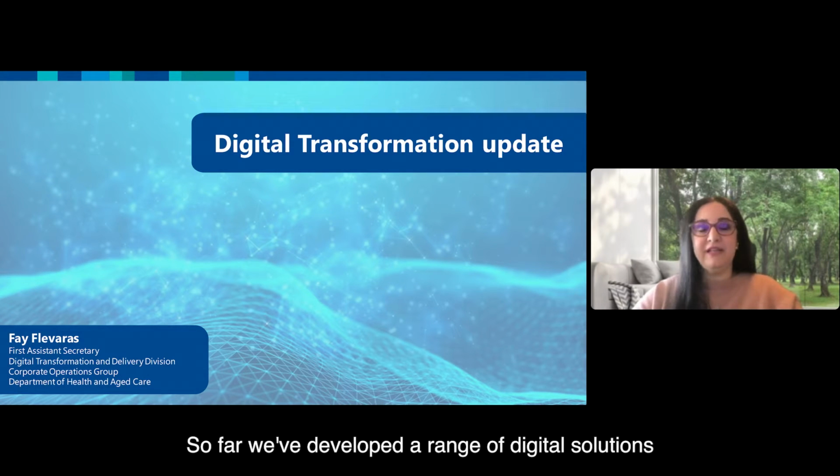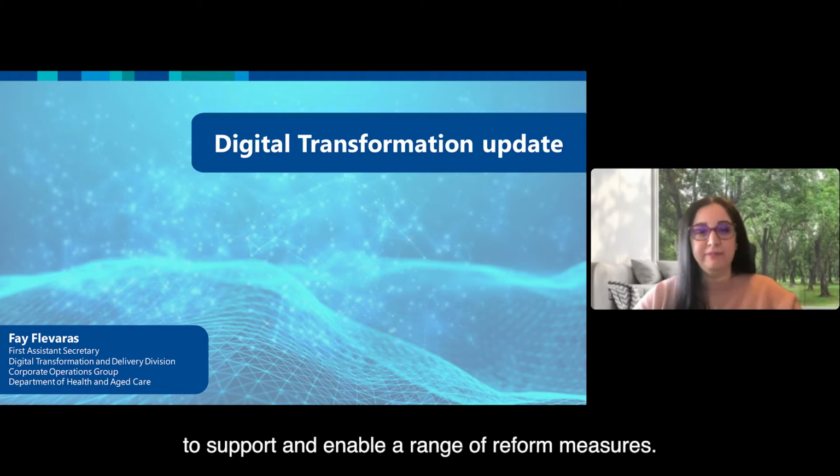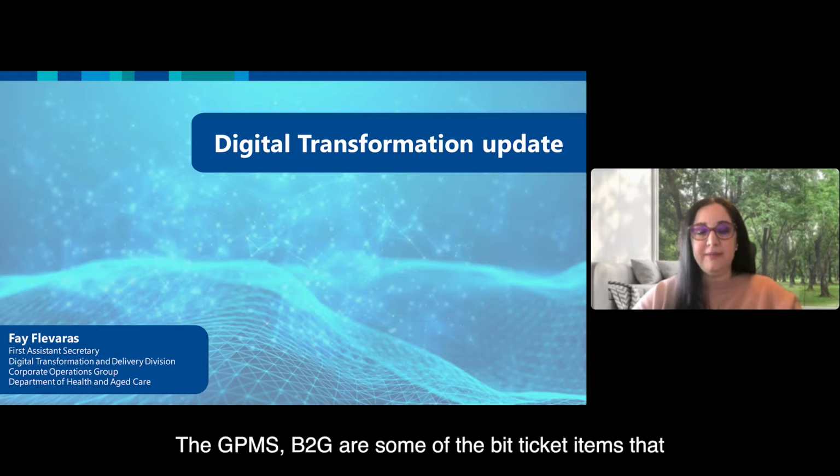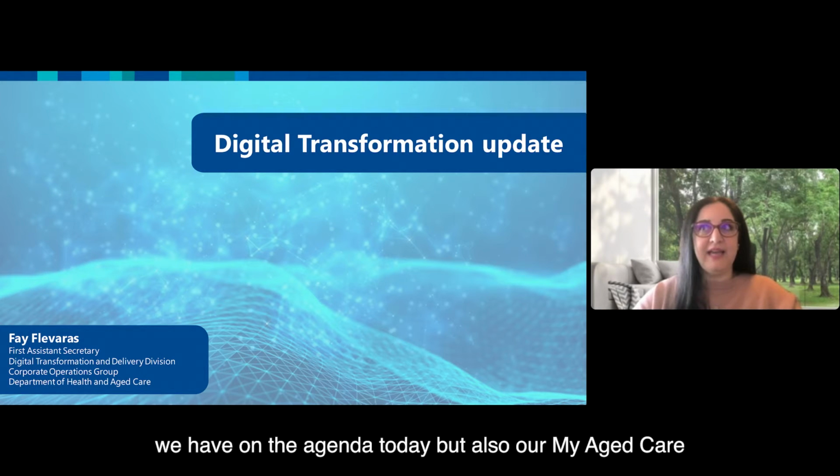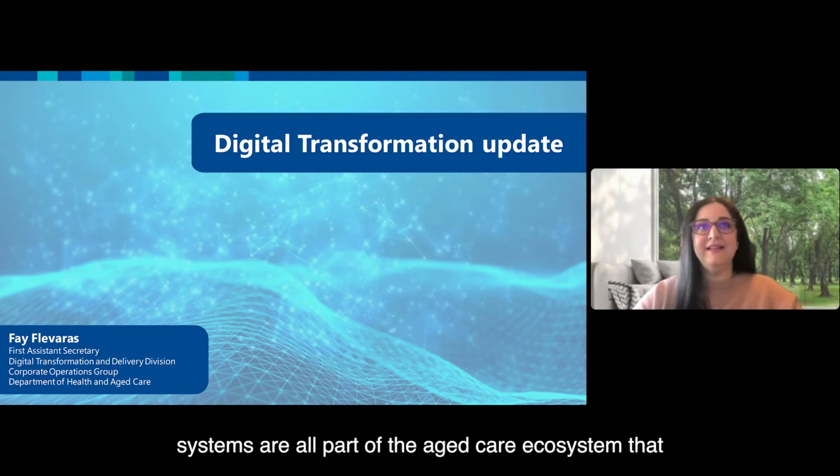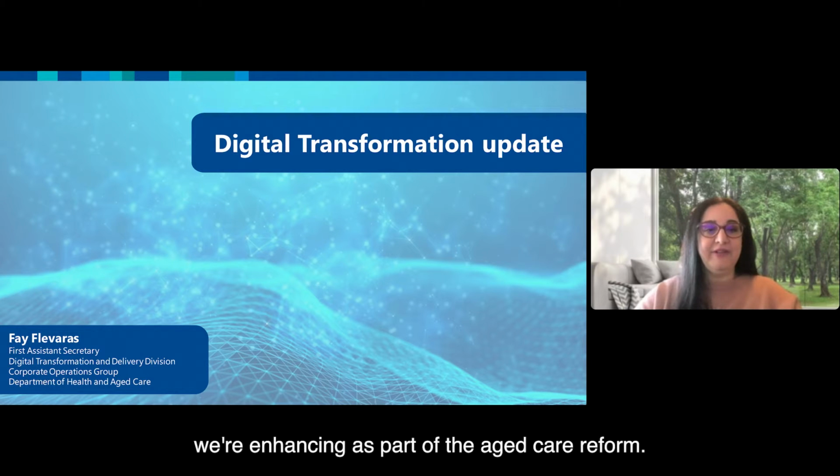So far, we've developed a range of digital solutions to support and enable a range of reform measures. The GPMS, B2G, some of the big ticket items that we have on the agenda today, but also our My Aged Care systems are all part of the aged care ecosystem that we're enhancing as part of the aged care reform.